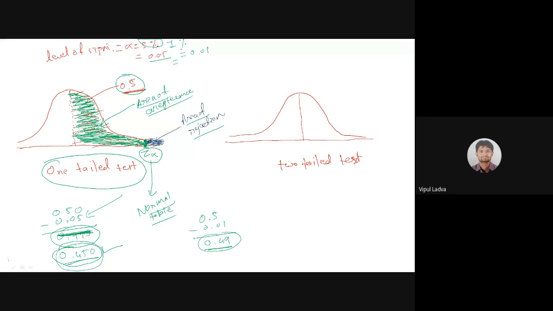And if instead of 1%, 5%, we are looking for the 10% error, 10% means 0.1. I'll be finding 0.5 minus 0.1. That means 0.40, where the 0.40 stands in the normal table.